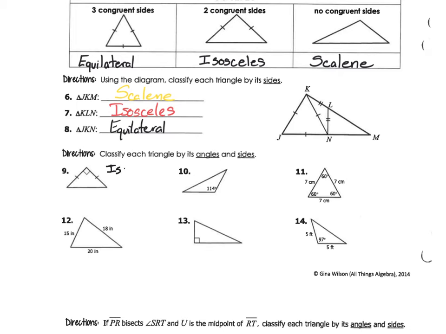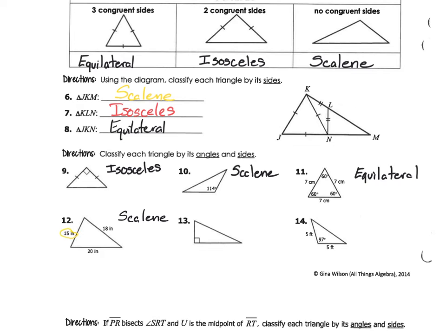Isosceles. Okay. How about 10? Do they have any equal sides? Good. How about 11? Any of the sides the same? Scalene.